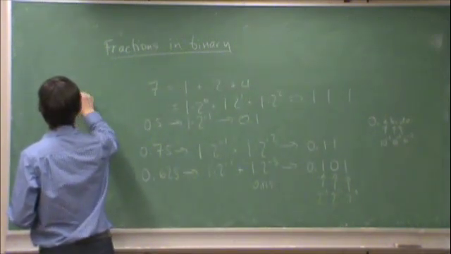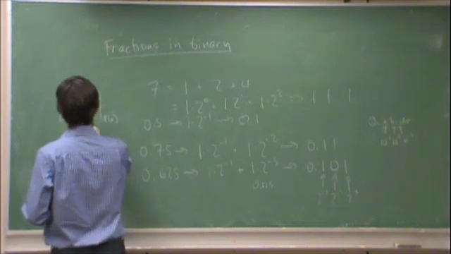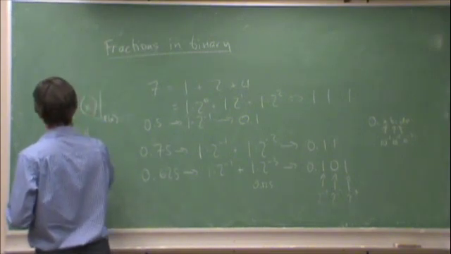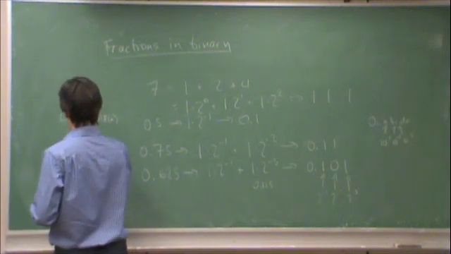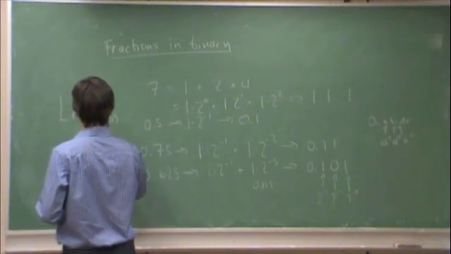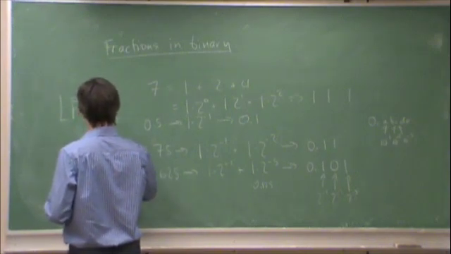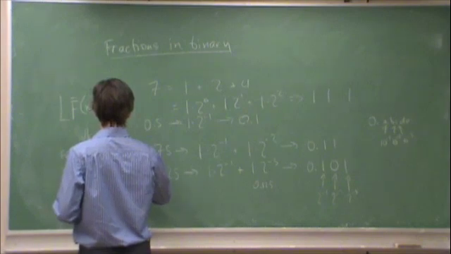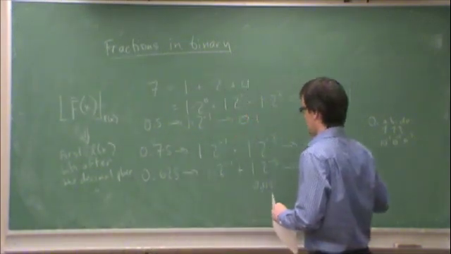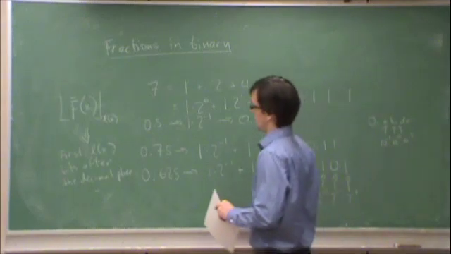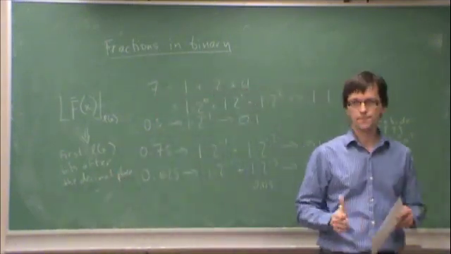floor of f bar of x, sub L of x, means the first L of x bits after the decimal place. So we know already for all of these values that f bar can never be greater than 1.